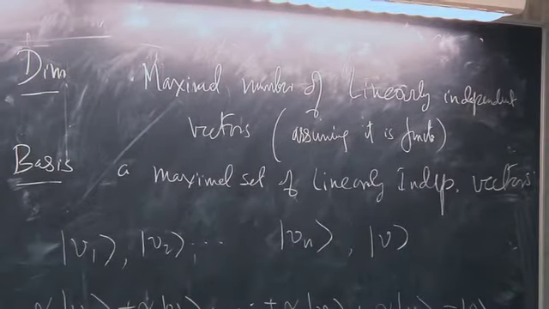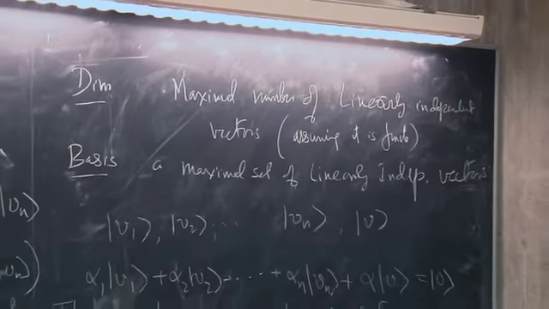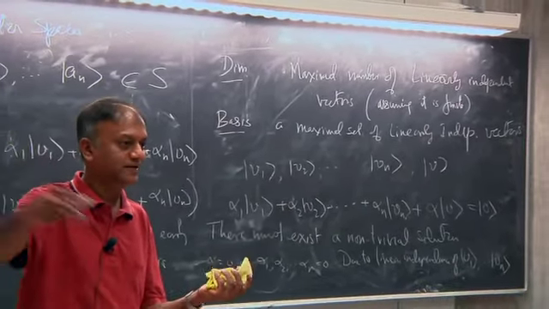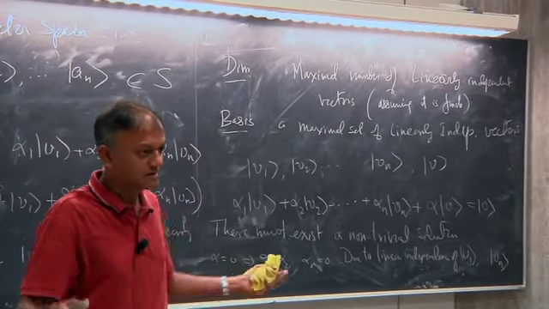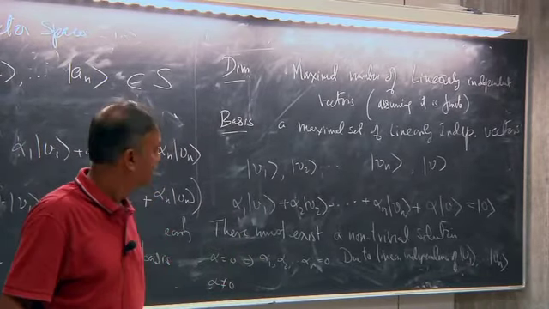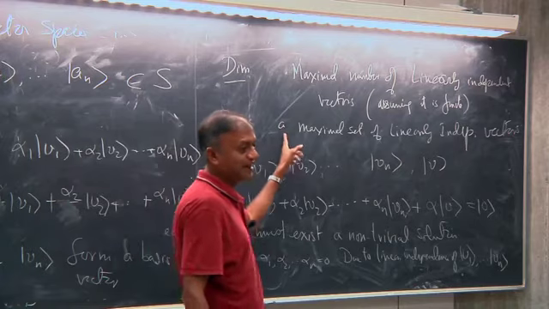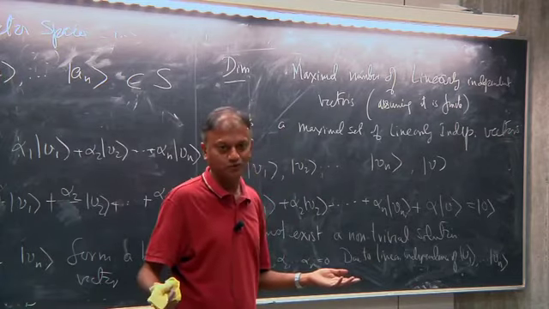It's a maximal set, so if I add any other vector to that, then it's not linearly independent. So I can express the new vector as a linear combination of the previous vectors. This is the main idea here. But obviously, it's not unique, right? I said a maximal set, but there are many maximal sets you can put.